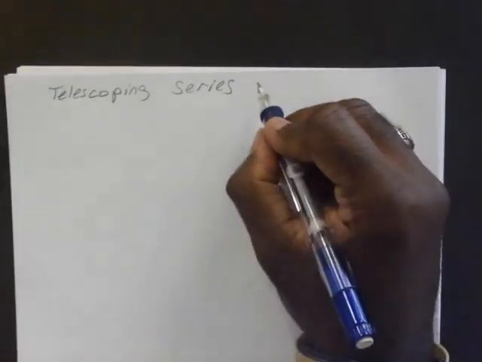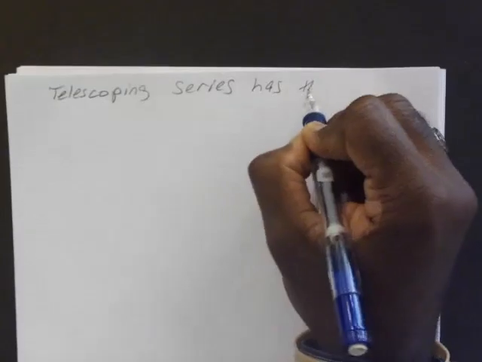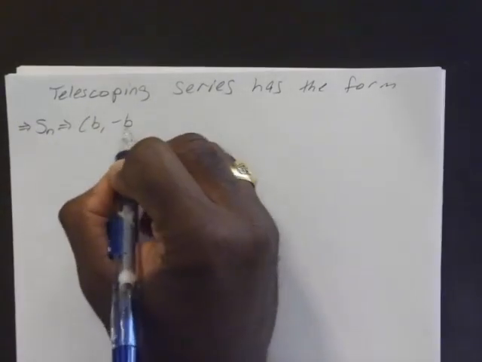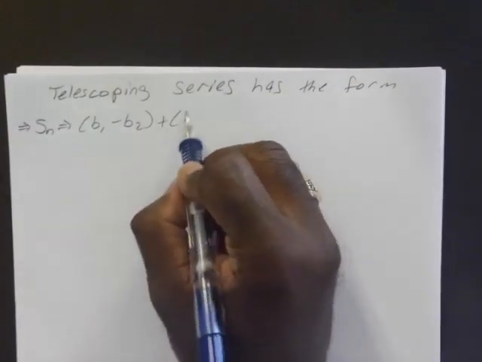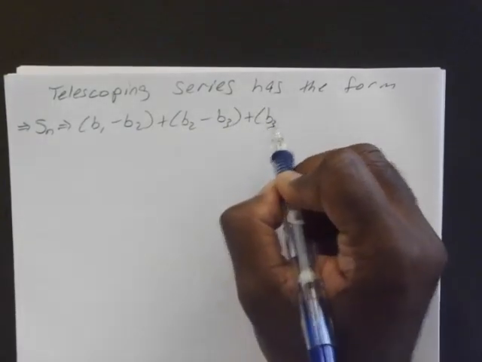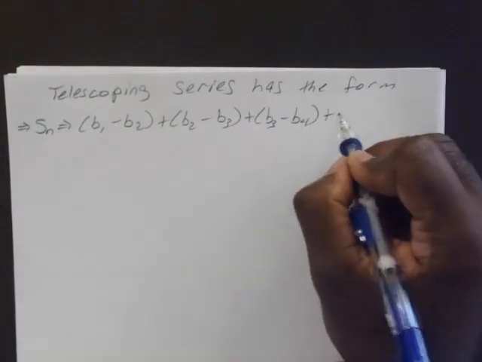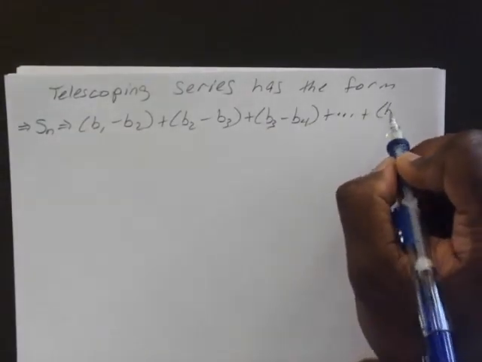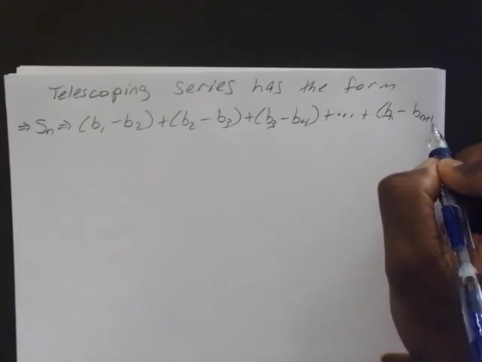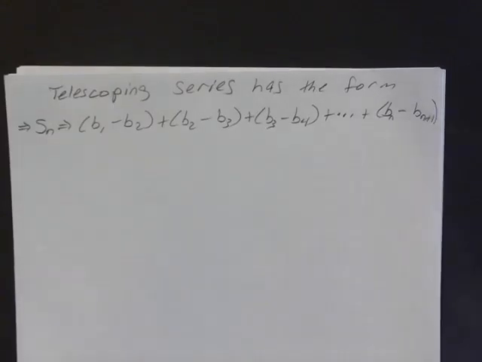And a telescoping series is easy to spot because it has the form where if you take your partial sums, it's going to be some value b sub 1 minus some value b sub 2 plus some value b sub 2 minus some value b sub 3 plus b sub 3 minus b sub 4, and it's going to keep that pattern up till you take some value b sub n minus some value b sub n plus 1.